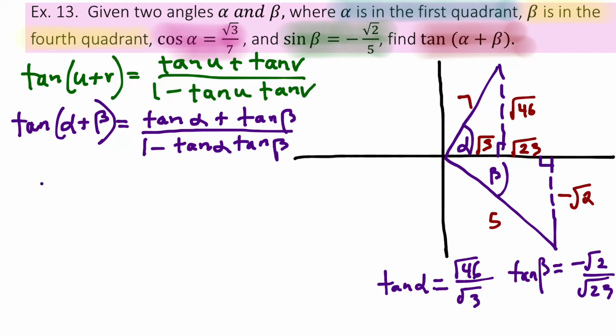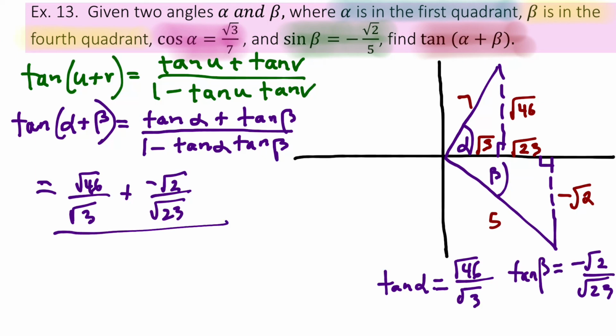All right, substituting into our formula, we have tangent of alpha plus tangent of beta, divided by 1 minus tangent of alpha times tangent of beta.